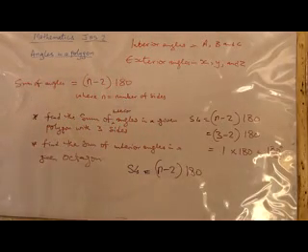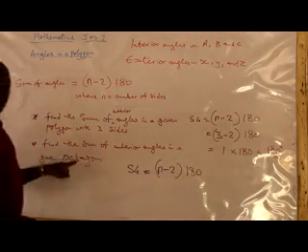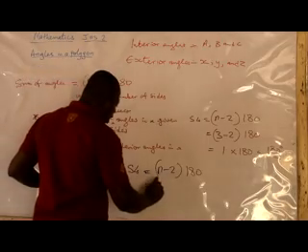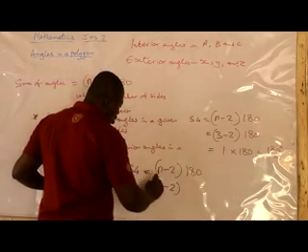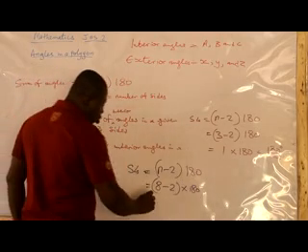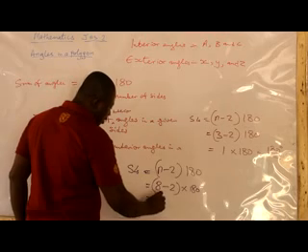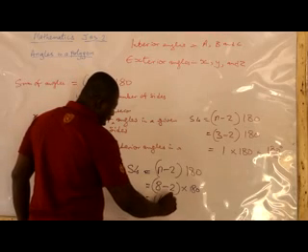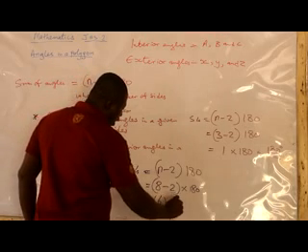The number of sides is equal to 8, because it's an octagon, so 8 minus 2 multiplied by 180. 8 minus 2 is 6. 6 multiplied by 180.